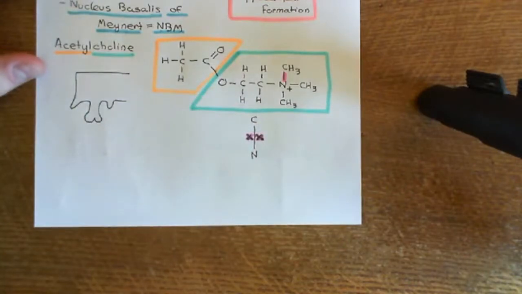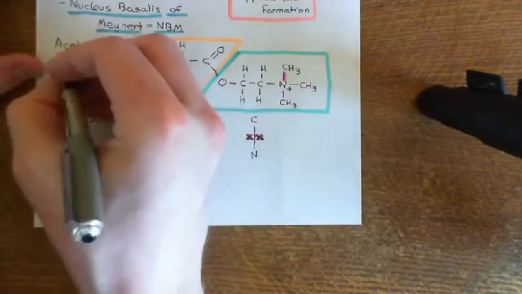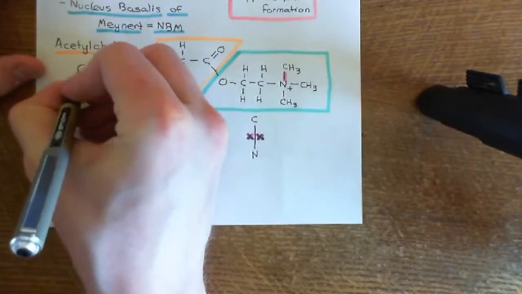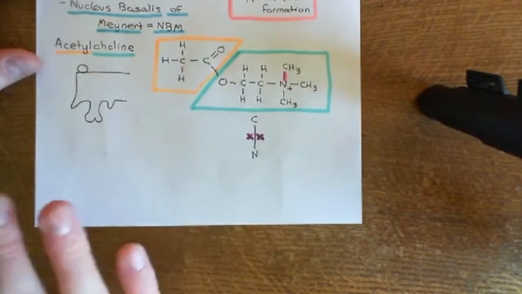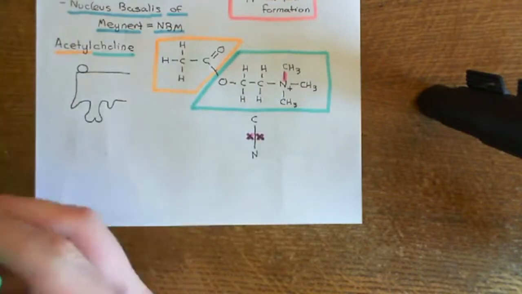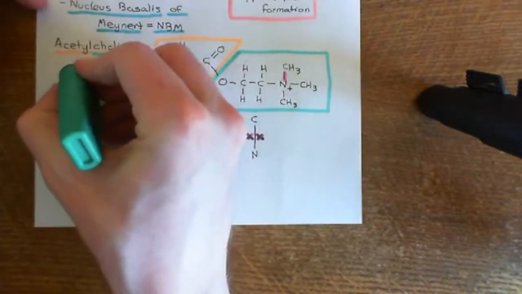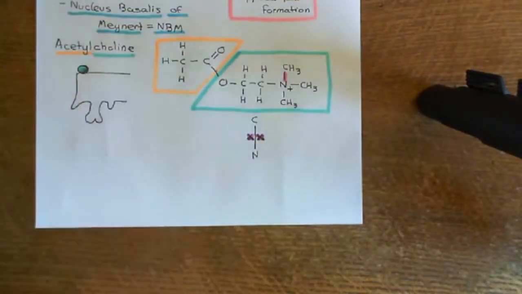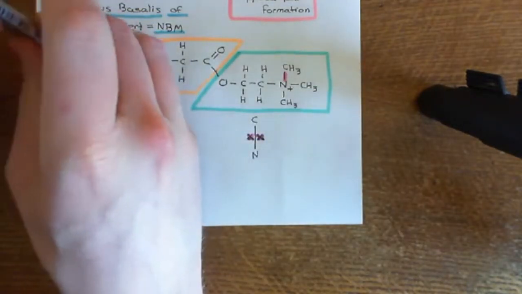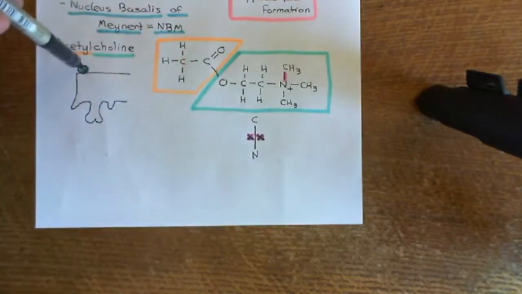Now I'm going to add another structure onto this picture, a structure that lies above the hypothalamus. This is not yet the nucleus basalis of Meynert. Instead, this structure here is a bundle of axon fibers that moves in this direction, going into the page in the direction that my pen is moving.